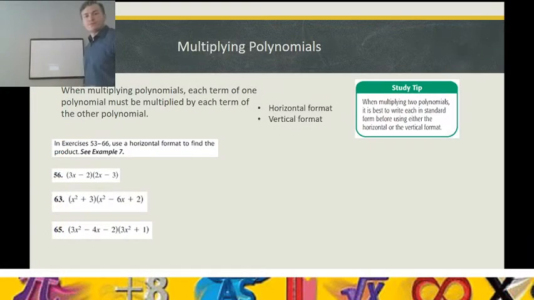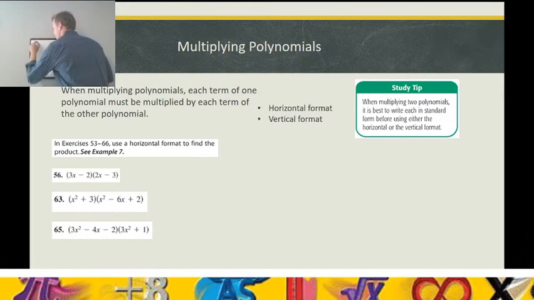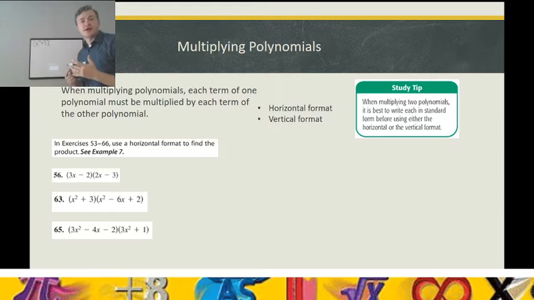Let's go back to the PowerPoint. We're looking here at the binomial x squared plus 3. And we're multiplying this to a trinomial, x squared minus 6x plus 2. So what changes for us here?